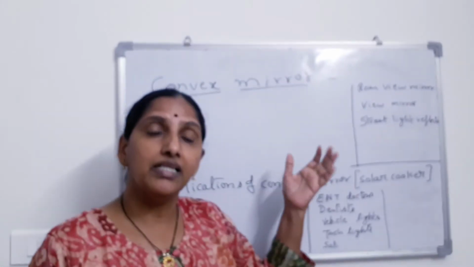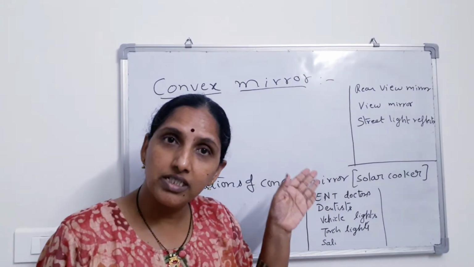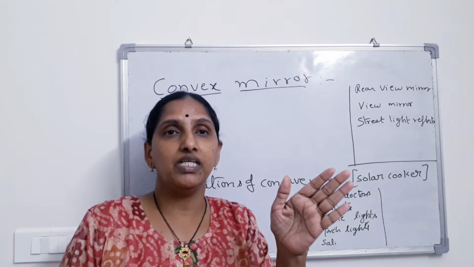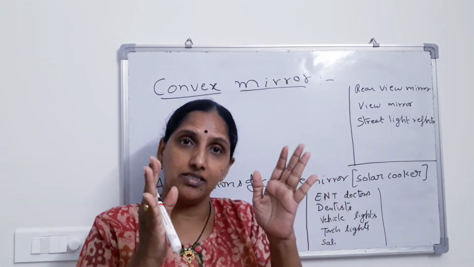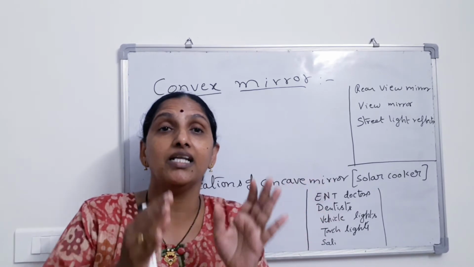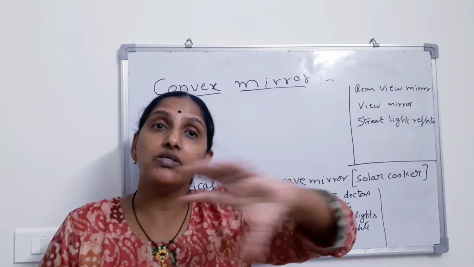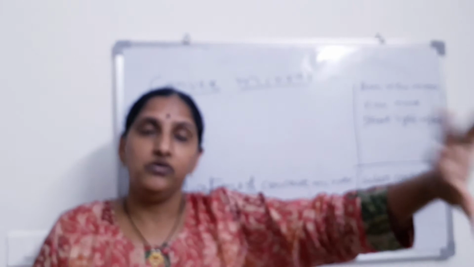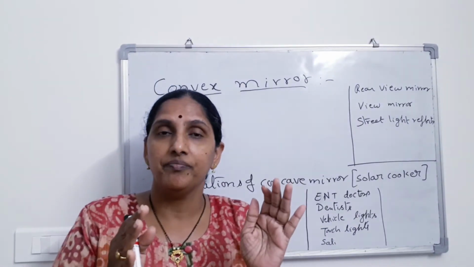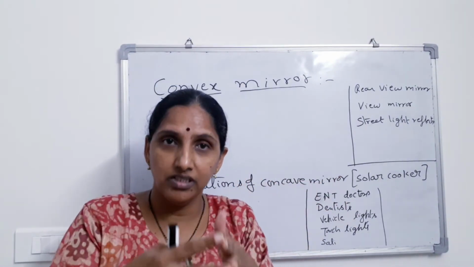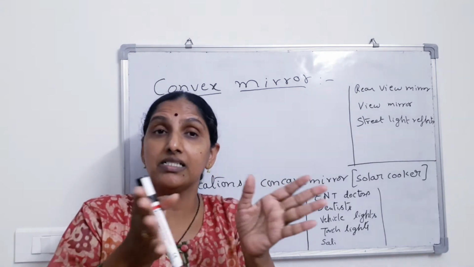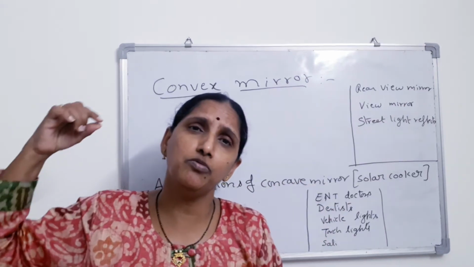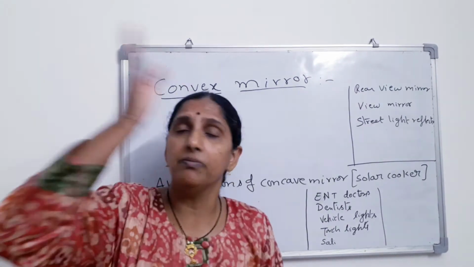And afterwards, when the object is brought between the focus and pole of the mirror, that is the special case where the rays get diverged away. Usually in a concave mirror all the rays converge. But in this particular case the rays diverge, therefore they seem to be coming from a point somewhere behind the mirror.